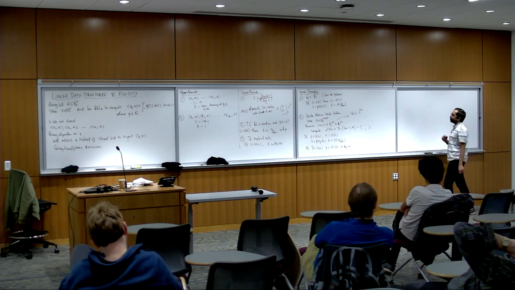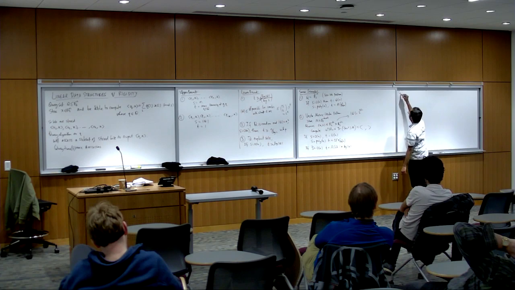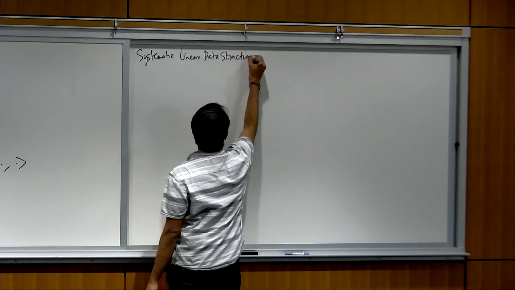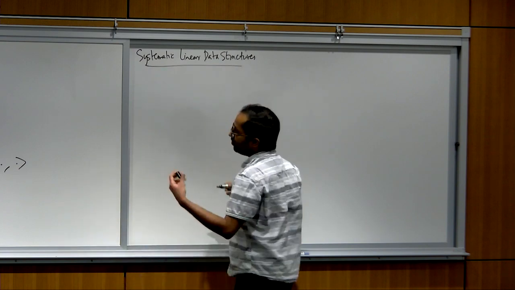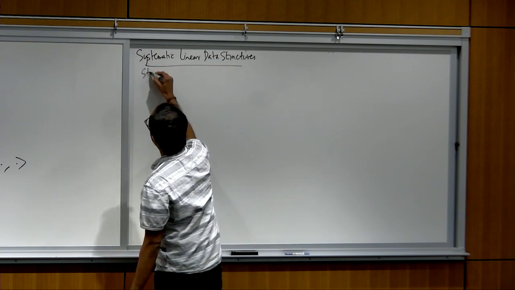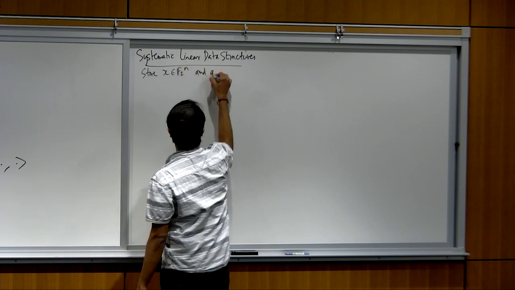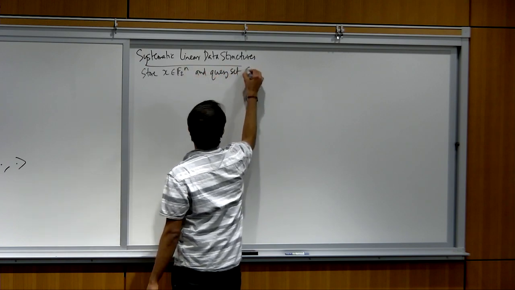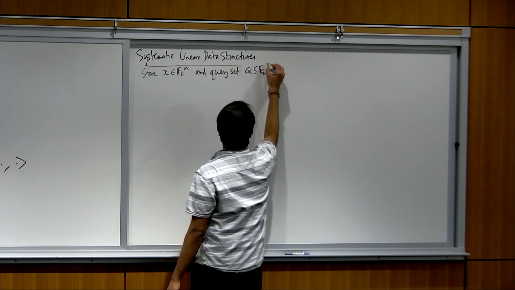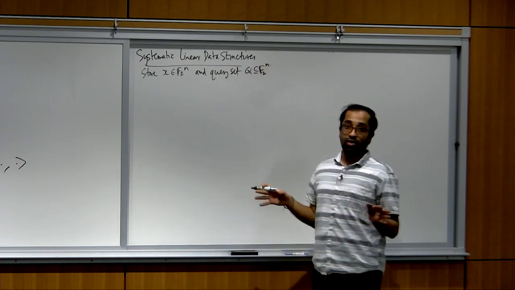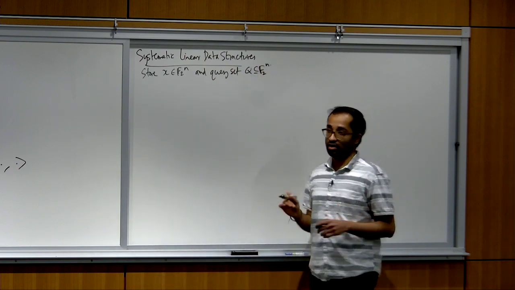Good. So I have to now define the systematic linear data structures. As before, you're given a vector x that you have to store, and a query set Q that's a subset of F2 to the n. But now the way you're going to store things is restricted.